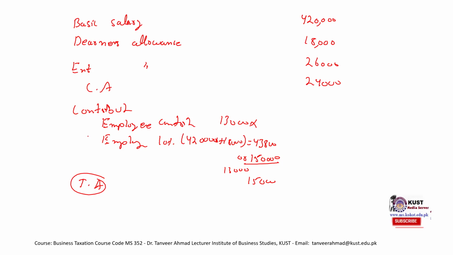In this case, the minimum of time scale is 32,000 per month, multiplied by 12, which gives 3,84,000. So 45% of this 3,84,000 would be 1,72,800.